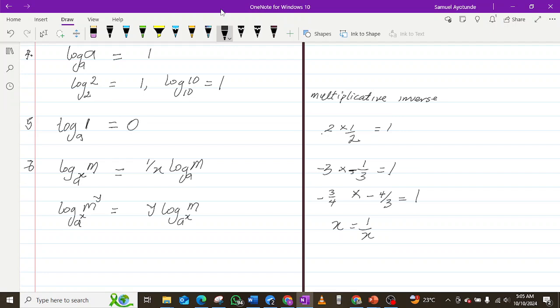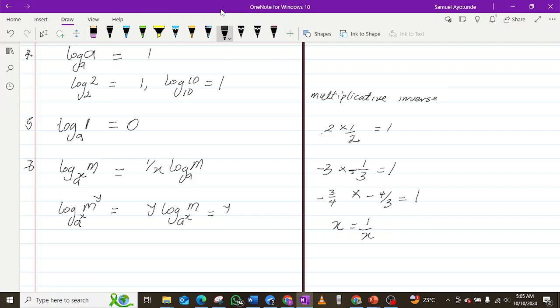Now, with the sixth law, we also explained that the power of the base, the reciprocal or multiplicative inverse of the power of the base, will become the coefficient. So that means x will also become coefficient, but the multiplicative inverse of x. And the multiplicative inverse of x is 1 over x.